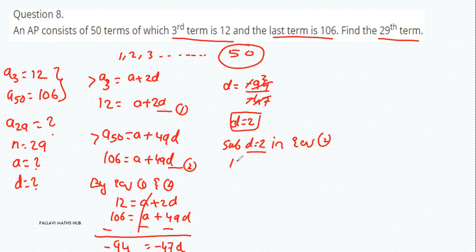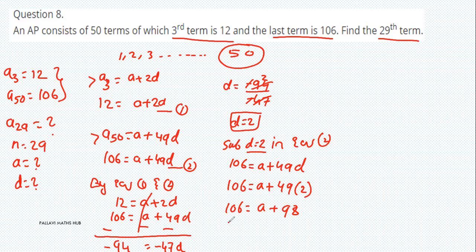Equation 2 is 106 is equal to a plus 49d. 106 is equal to a plus 49. What is the value of d? d is 2. Substitute here. So 106 is equal to a plus 49 twos are. 2 nines are 18, 1 carry, yes, 98. 106 minus 98 is equal to a.